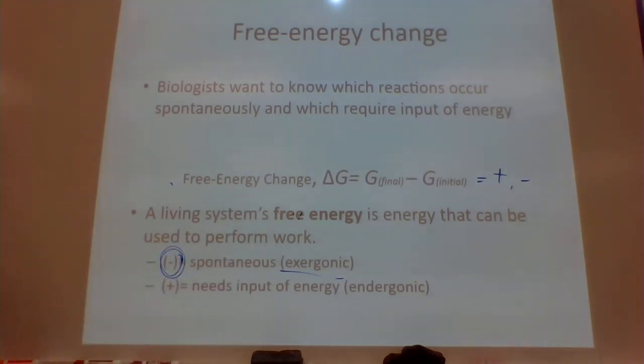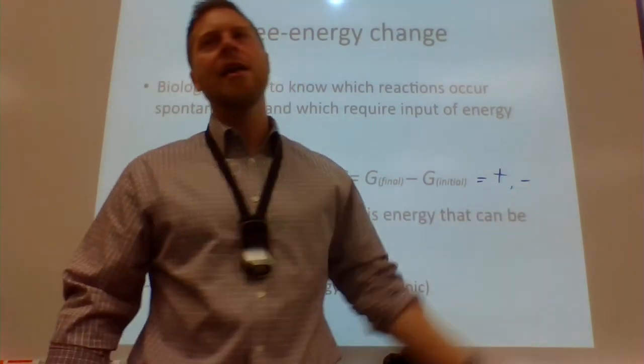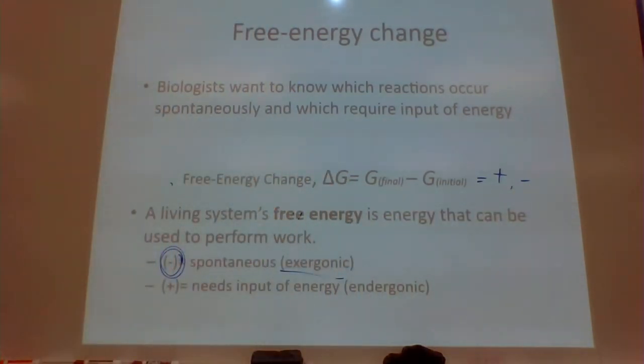Meaning, it's not consuming energy. You're not investing energy. Instead, it's giving off energy. Right? So reactions with a negative delta G are referred to as being exergonic, or they are referred to as being spontaneous.